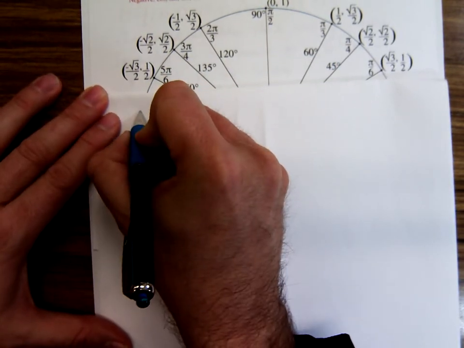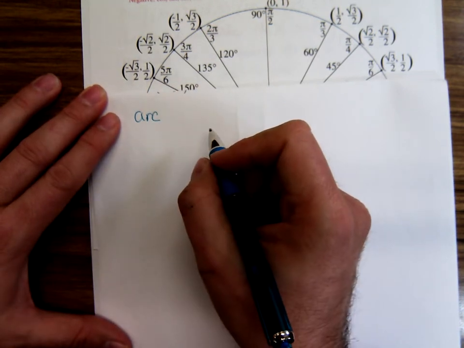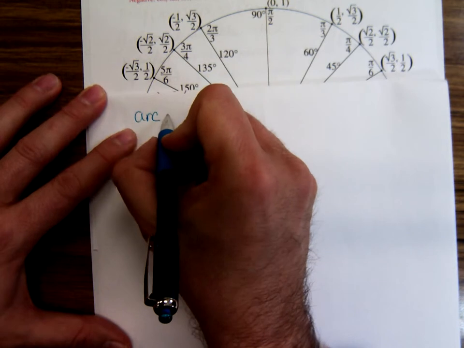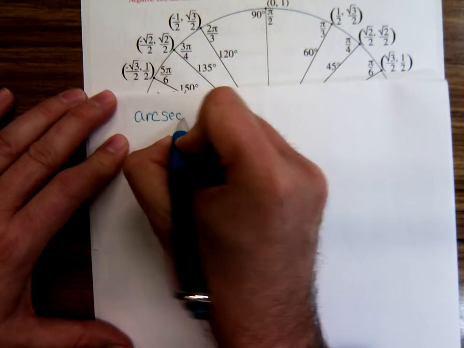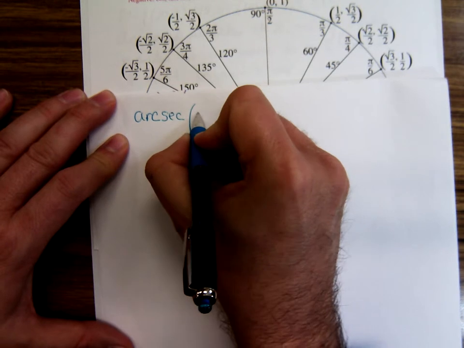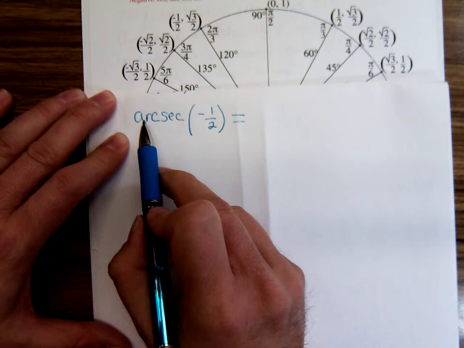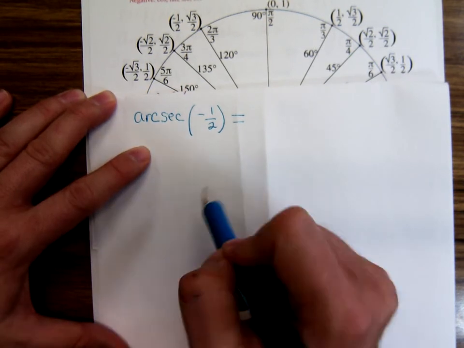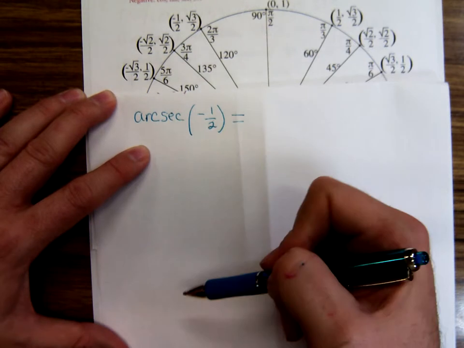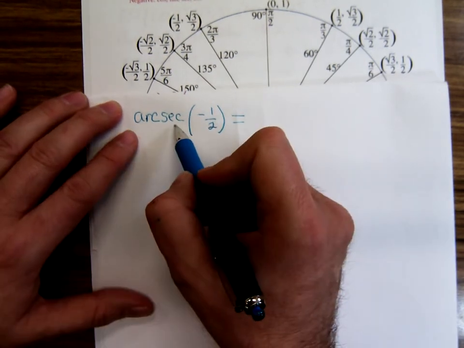that's fine. Hey, I'm going to use arc. My habit is to use the little -1 for inverse, but I'll try to force myself to use arc. Let's say we had arc secant -1/2. If you have arc secant or arc cosecant, I think it's easiest just to rewrite it in terms of its reciprocal.